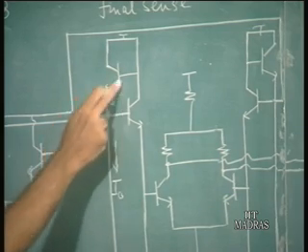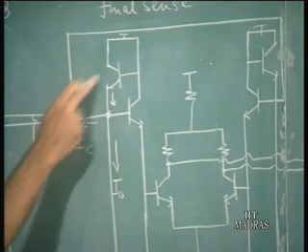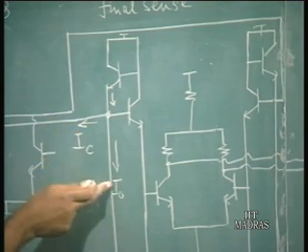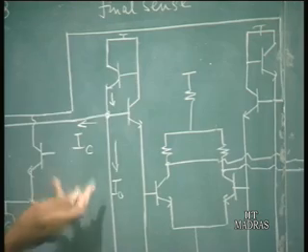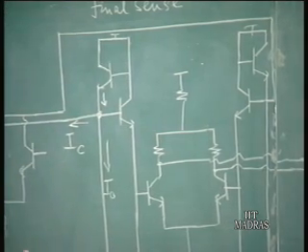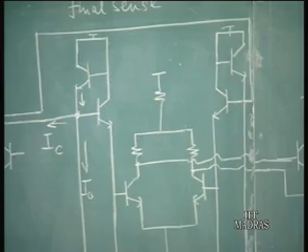Now, the VBE, the base emitter voltage of this bipolar transistor is actually related to IC plus I naught, to the current flowing. If the current is small, the base is almost 0, then the base emitter voltage is also going to be very small. But if the current is appreciable, then the base emitter voltage rises.